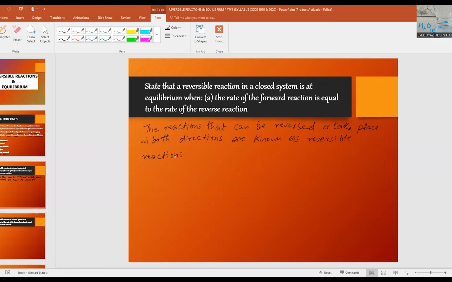We also know that a reversible reaction can be represented by a sign.